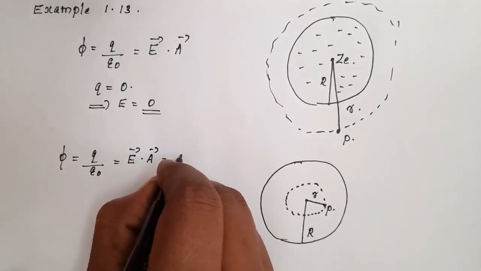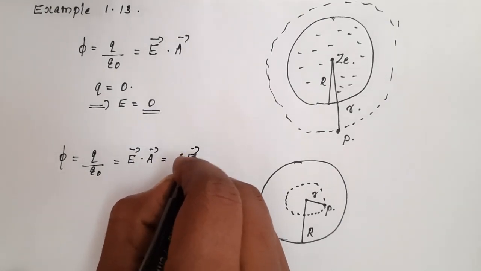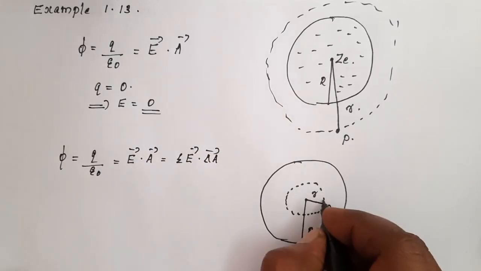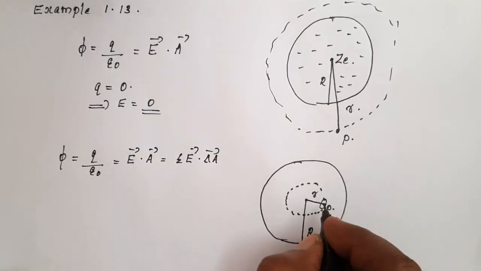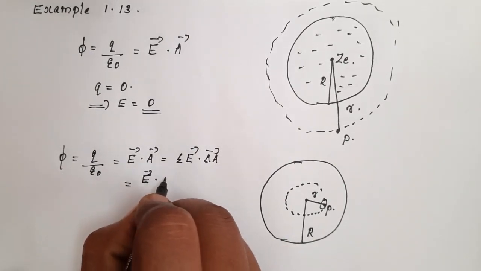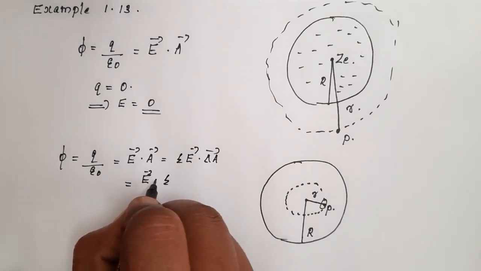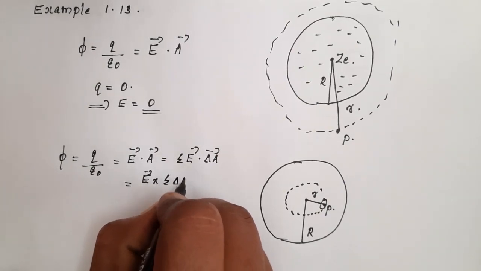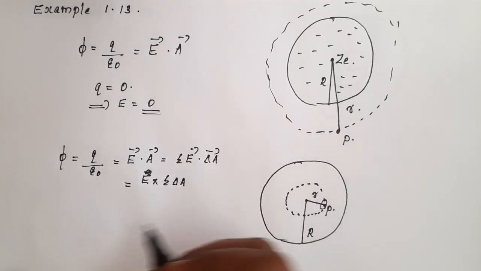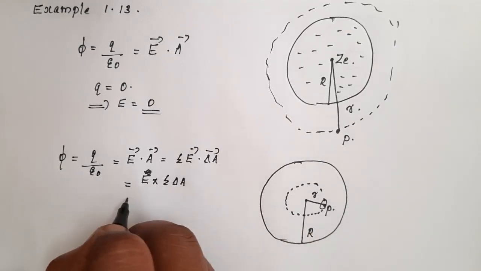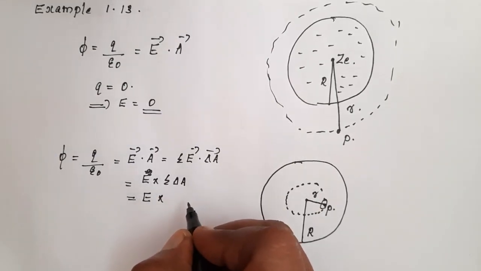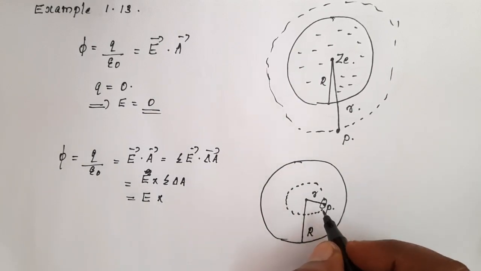It is actually the summation of E dot delta A for each small area element, as we have discussed many times. Since the area vector and the electric field are in the same direction, it becomes E into the summation of delta A, which is the total surface area of the Gaussian surface.